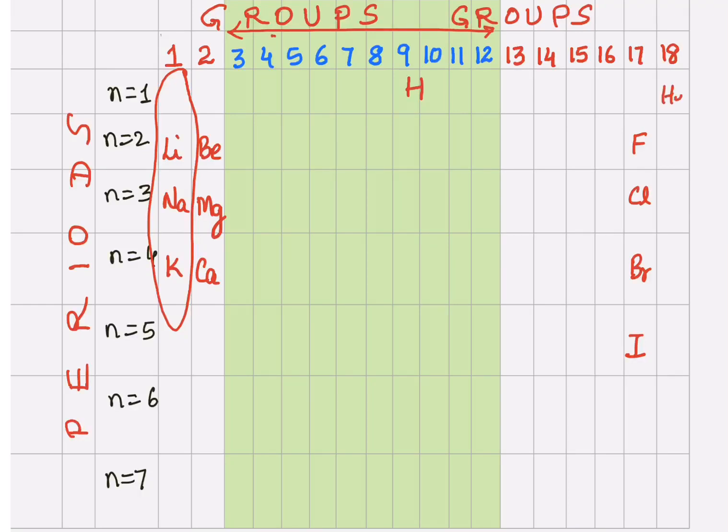The last column of the periodic table: helium, neon, argon, krypton, xenon, radon, and so on. Now these are all inert gases. You see how beautifully our periodic table has gotten organized, where elements having similar chemical properties are getting aligned under one column.